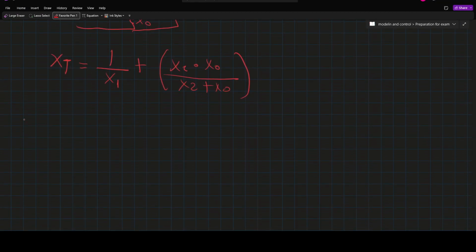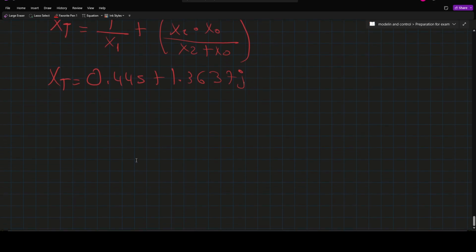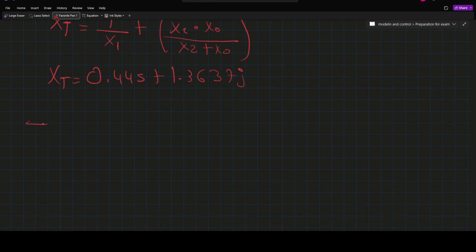So when we plug these numbers in our calculations, we're just gonna get 0.445 plus 1.3637j for our total. And we know that our IS is gonna be equal to our VS over RT plus XT.